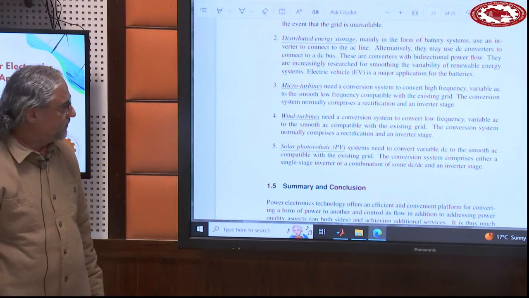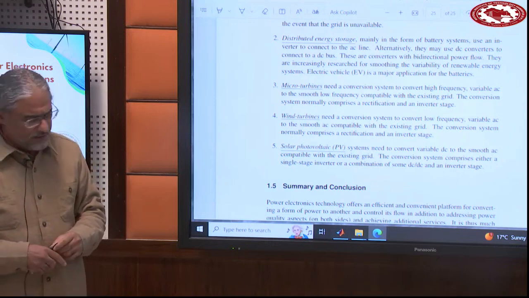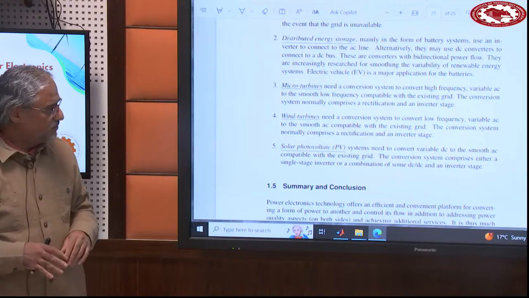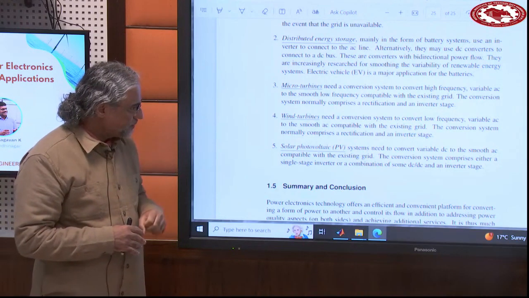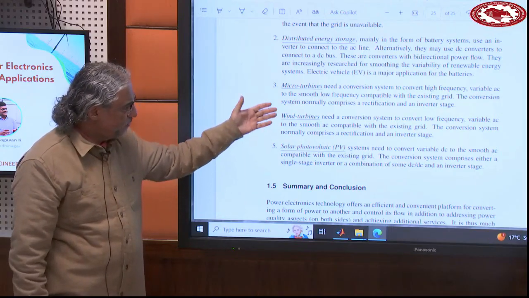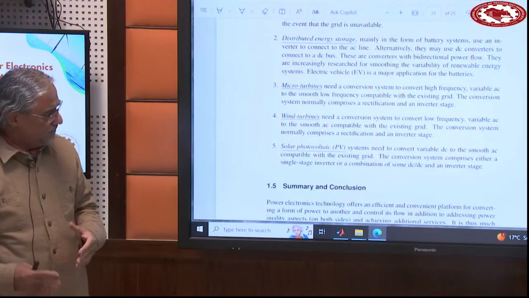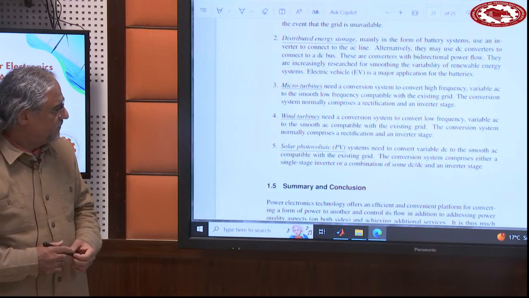and connect to the power supply using converters. Wind turbines generate AC, but that AC is not very stable in terms of frequency and magnitude, so you cannot directly connect a wind turbine to the power grid. Again, you need a converter to convert that to a stable AC power.